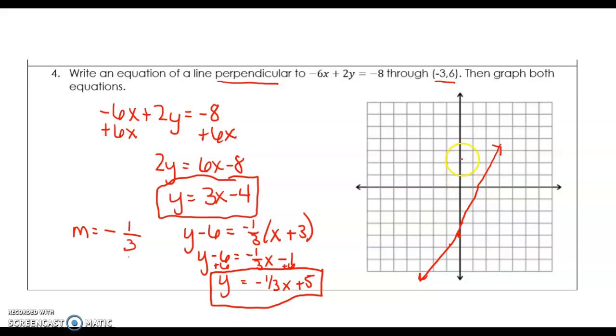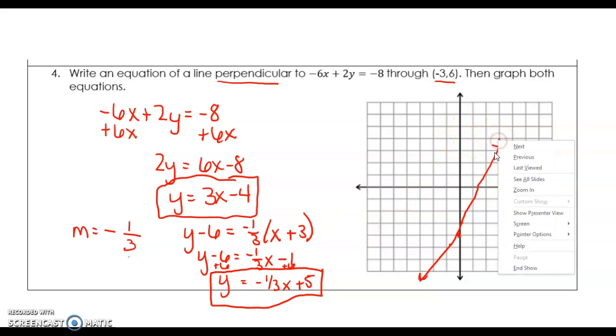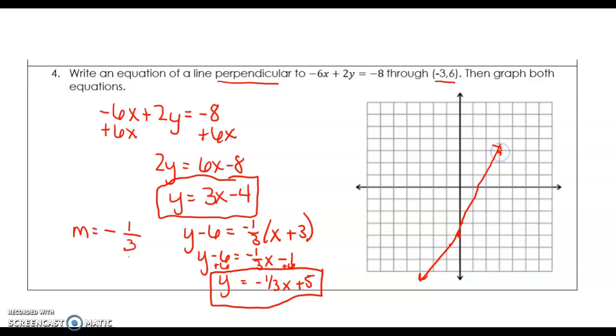So I'm going to go up 5, put a point, and then move with my slope down 1 over 3. If I extend this one out a little more, you can see that these are perpendicular and they intersect at a 90-degree angle.